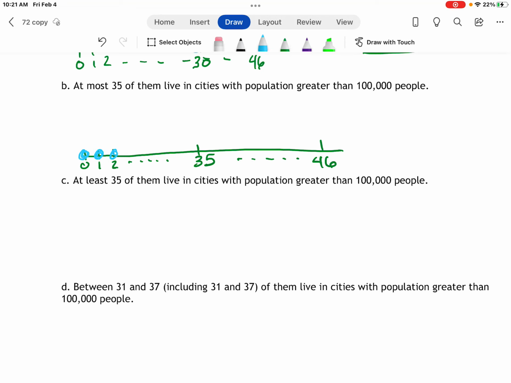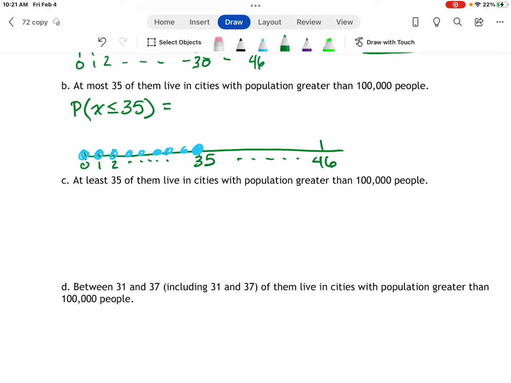So it could be 0, 1, 2, 3, 4, all the way up to 35, including 35 because it says at most, so we can include 35. So we want to find the probability that X is less than or equal to 35.